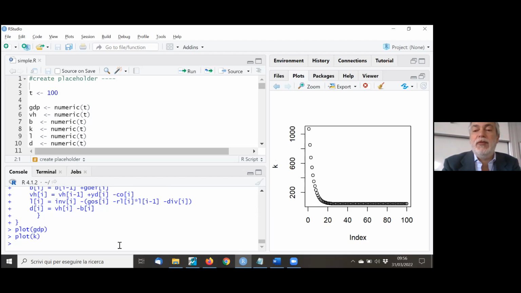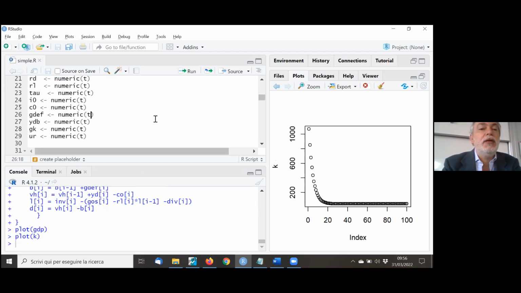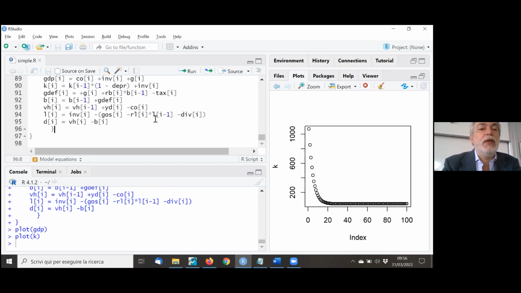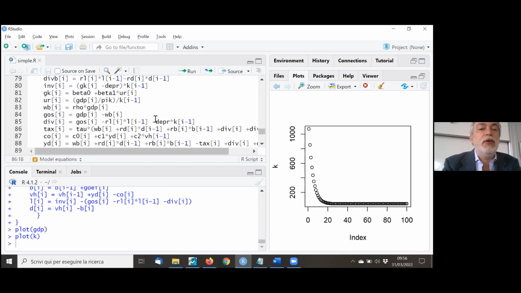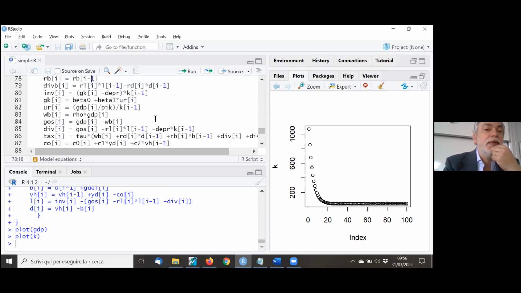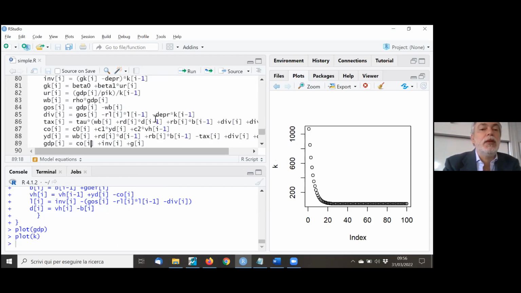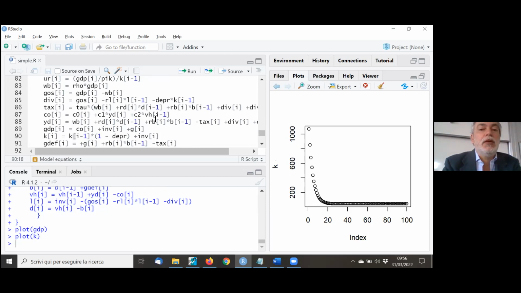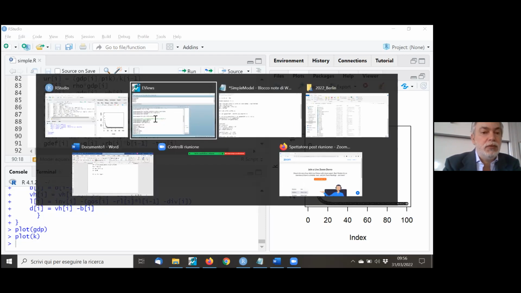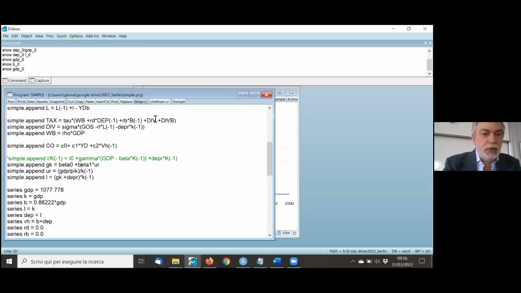But there's something different here. Maybe it's the equation for the stock of capital. That should be the same.